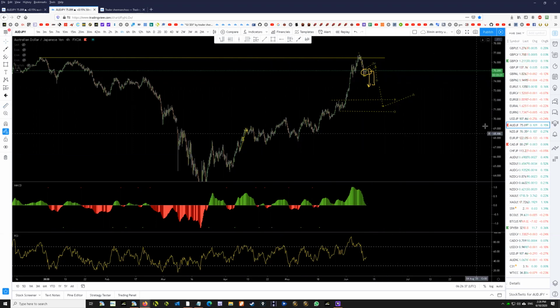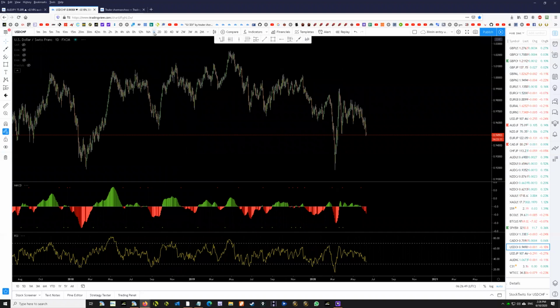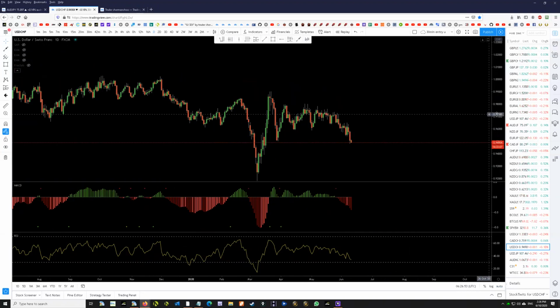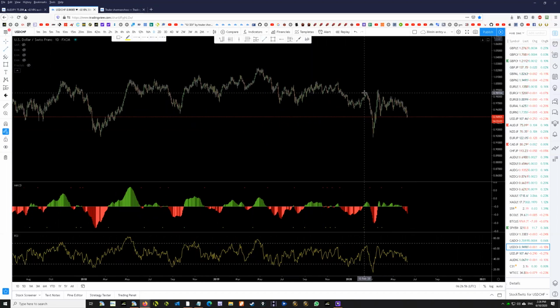Let's go look at something very peculiar. Let's go look at the dollar Swiss, the funky stuff, right? So you see again, this kind of very dangerous fade out, right?